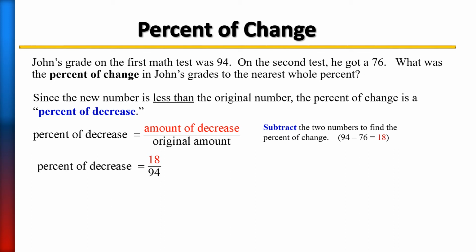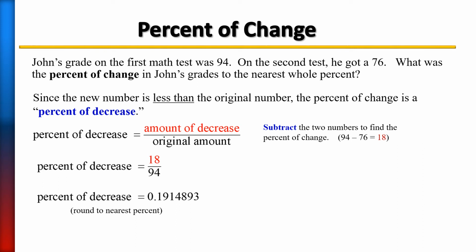That's going to give me a decimal of 0.1914893. We're going to round this to the nearest whole percent. To get the percent, we need to first move our decimal over 2 places.